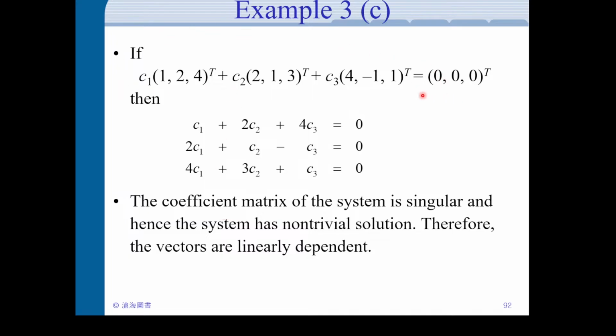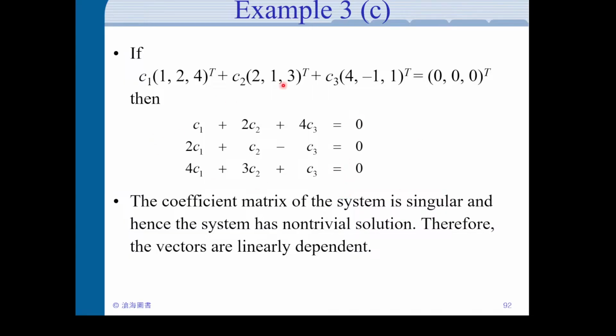You write this all as an equation, and you have a linear system for C1, C2, C3. C1 with 1, 2, 4, and C2 with 2, 1, 3, plus C3 with 4, minus 1, 1, and they equal 0.